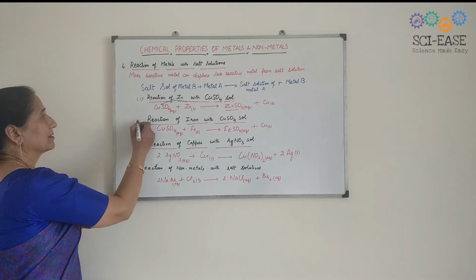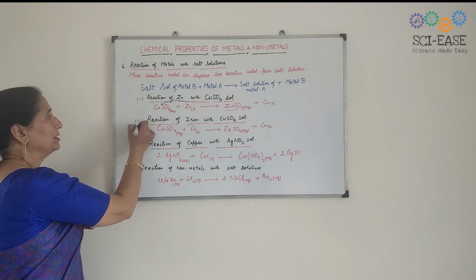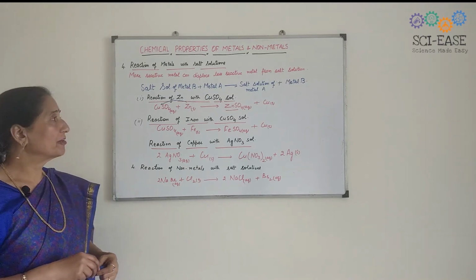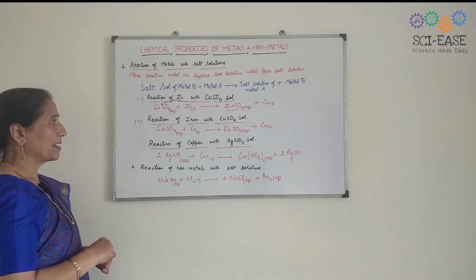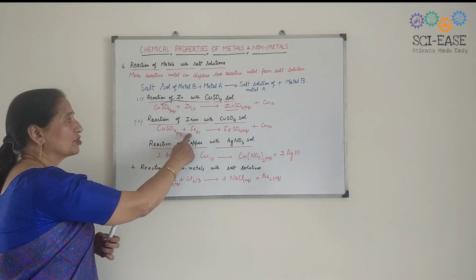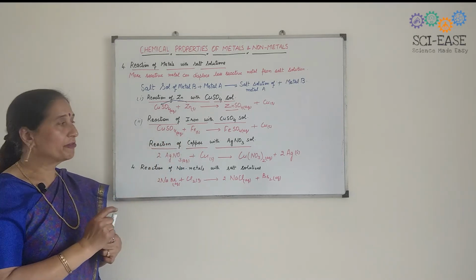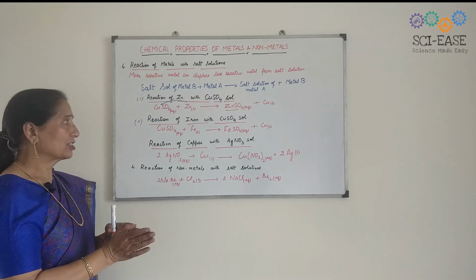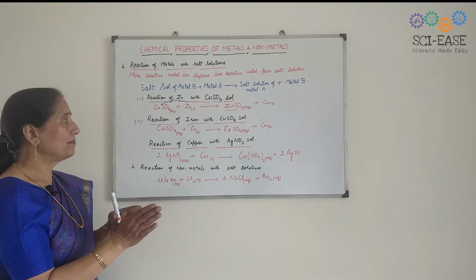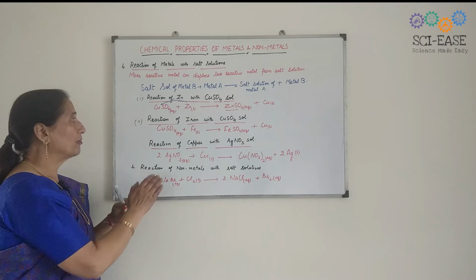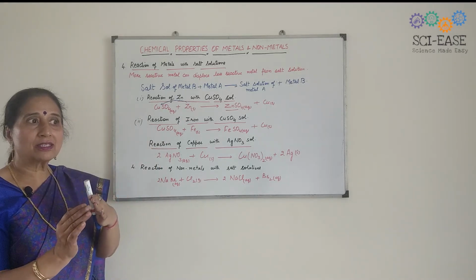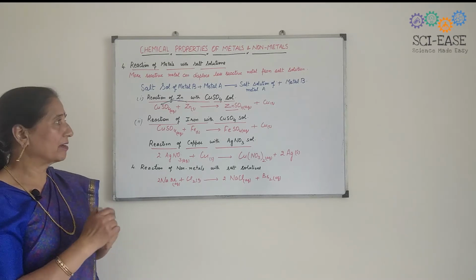Consider the second example, the reaction of iron with copper sulfate solution. Here an iron strip is dipped in copper sulfate solution. When the reaction starts, after some time, the color of the blue copper sulfate solution starts becoming sea green.